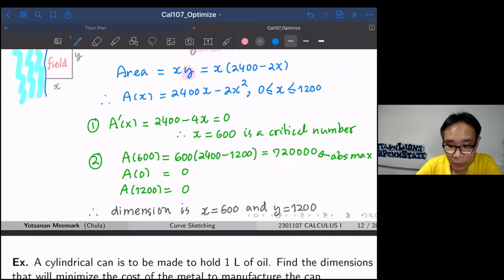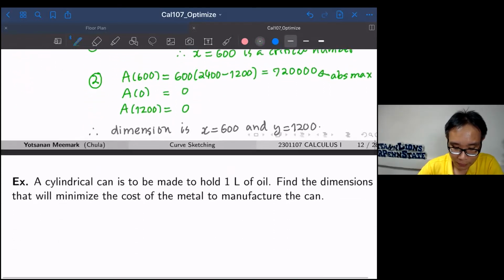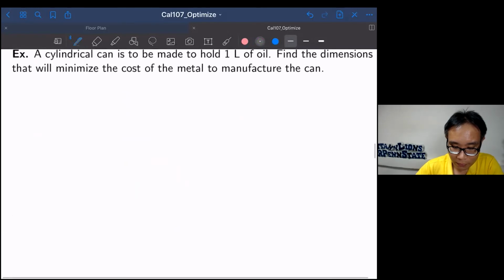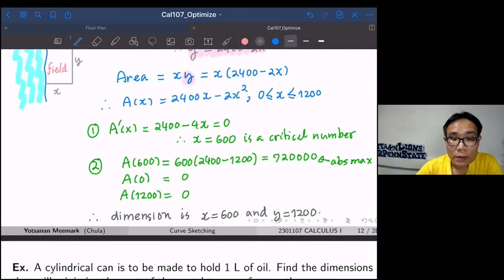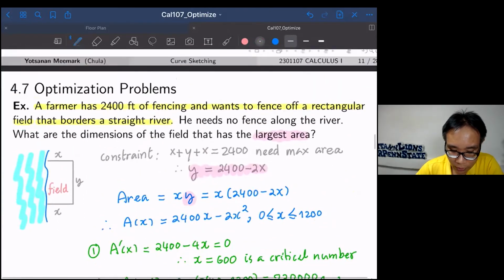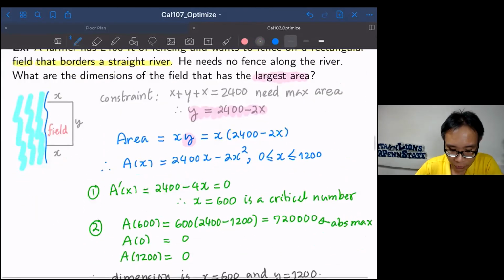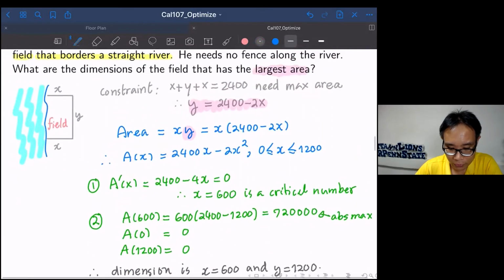So this one will be just that. The question asks you about the dimension, so this is the dimension that you will have.